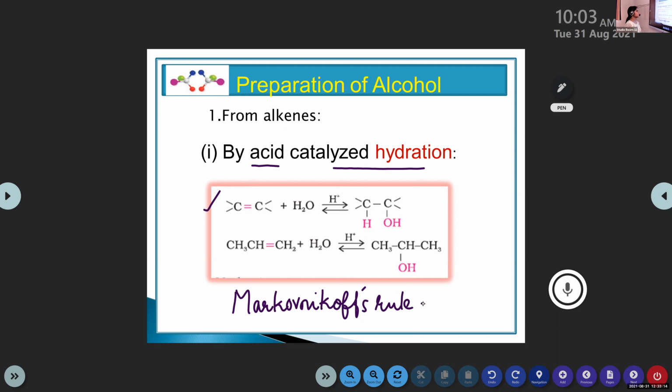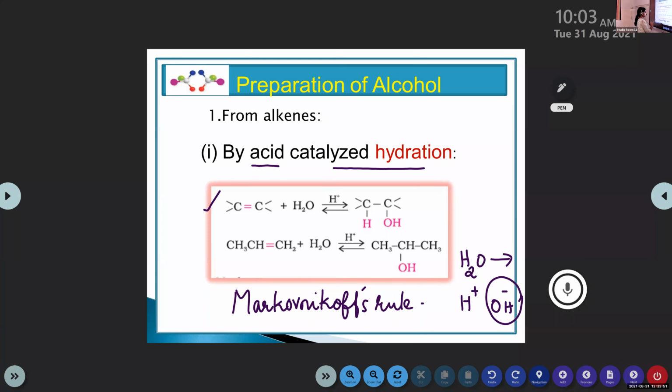According to Markovnikov's rule, the negative part of the attacking molecule will be added to the carbon with the lesser number of hydrogen atoms. So in the case of H2O, we can divide it into H plus ion and OH minus ion. So this OH minus ion is the negative part.